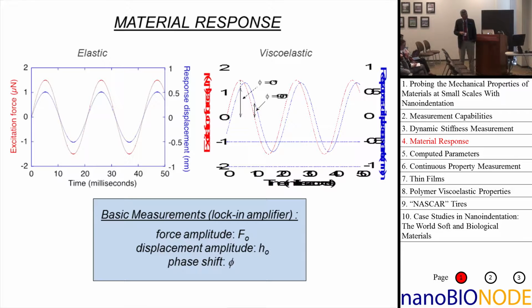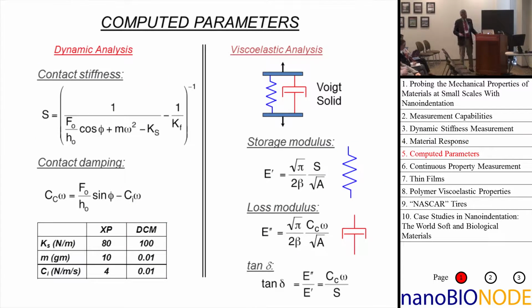So the basic measurements are the force amplitude, which is input, the displacement amplitude, which is measured, and the phase shift between the two signals, which is also measured. From that you can determine two parameters that become important in the analysis: one I'm going to call the contact stiffness, and the other the contact damping.